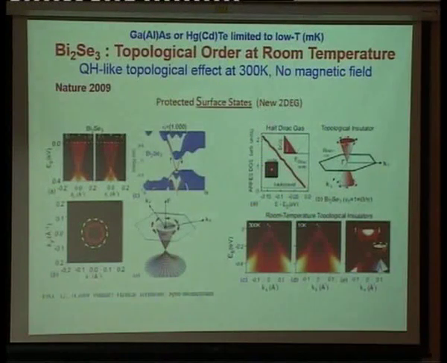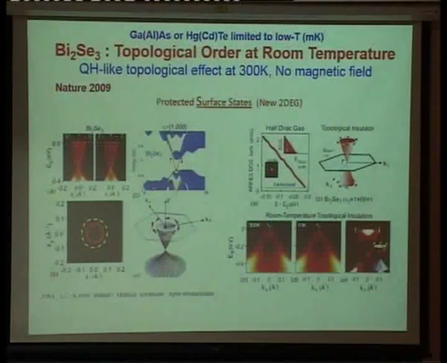Okay, so these are the topological aspects of this topological insulator, and then we also showed a number of other things. Typical topological insulators are limited to low temperature, and so we were curious whether the surface states and their textures would survive up to room temperature, and this was a very exciting thing to see: as you raise the temperature even up to 300 K, your texture survives.